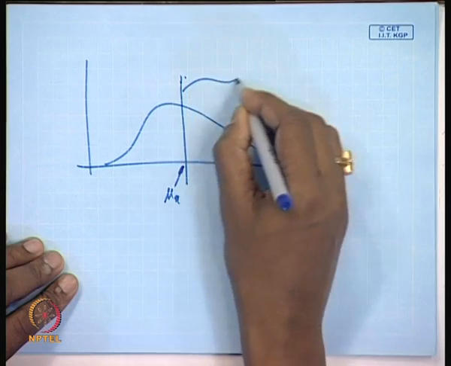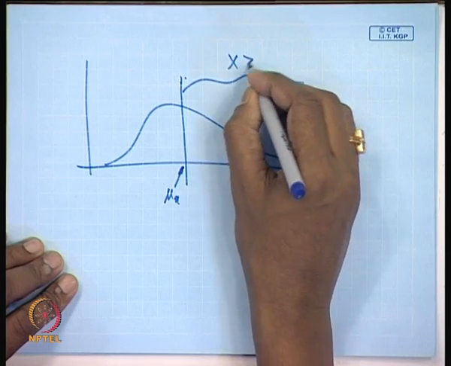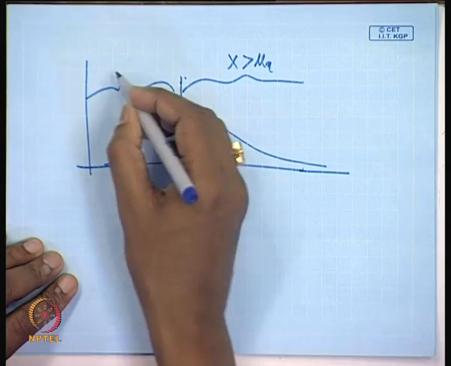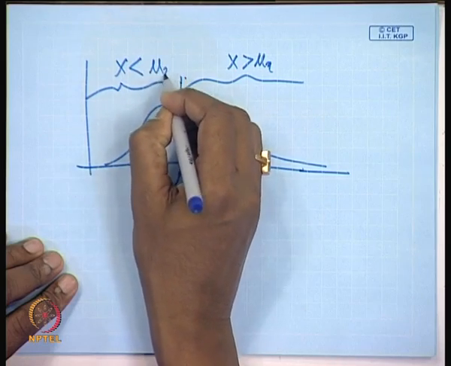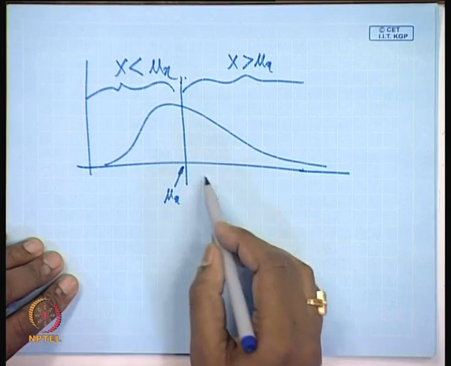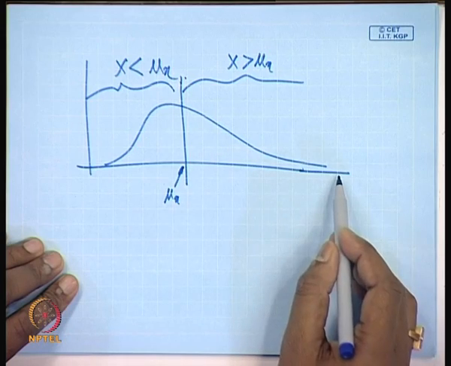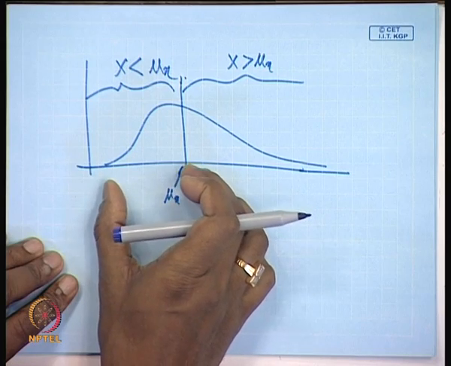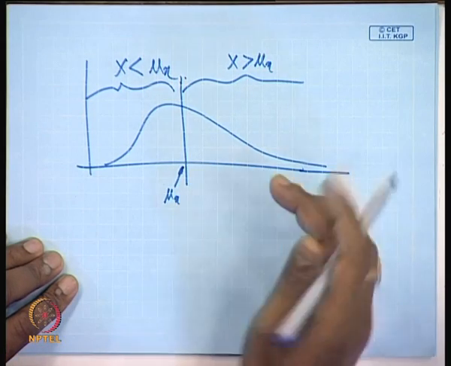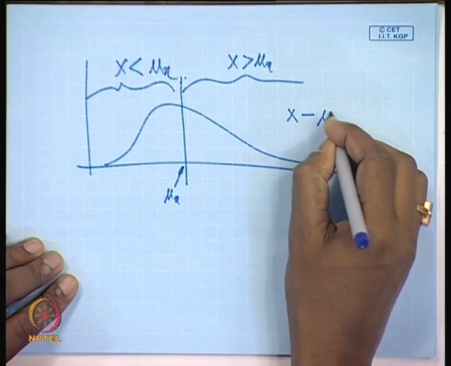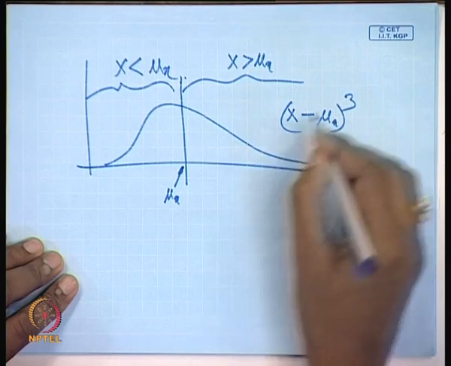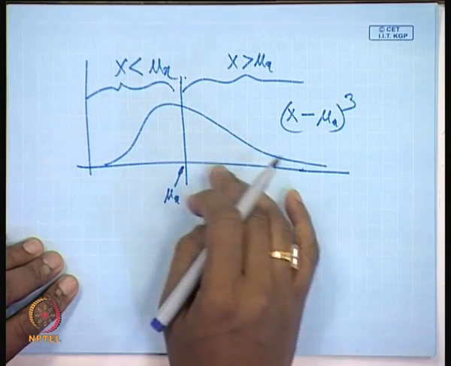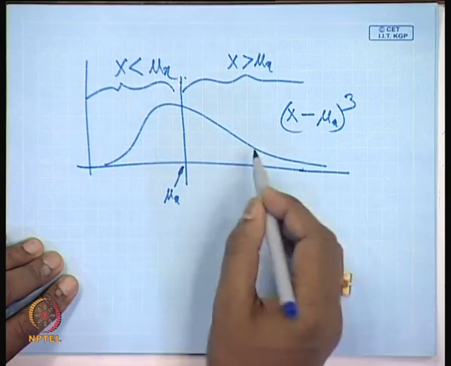So this side is x greater than mu x, and this side is x less than mu x. You can see that this side is widely spread, compared to this one, which is lesser and more dense compared to the right hand side. Then when we take that (x minus mu x) power cube, this gives more weightage. That's why the total summation will be positive when it is skewed like this.